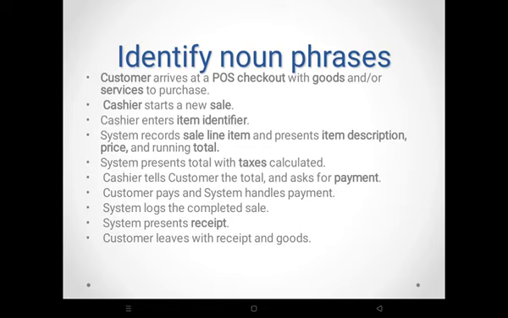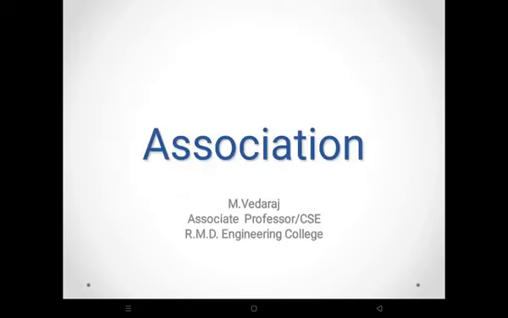This is the first step of creation of the domain model: finding the conceptual classes. How to find the conceptual classes? You have two techniques. One is to use the category list. The second is to identify the noun phrases in a scenario. Okay, thank you, students.